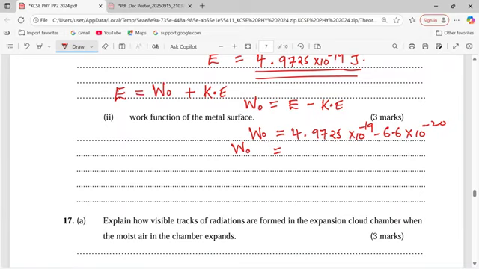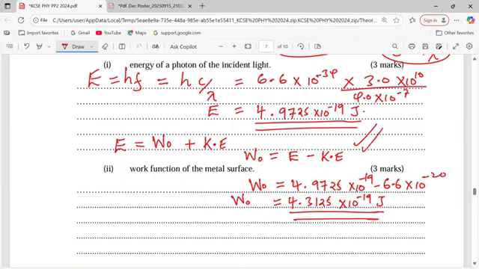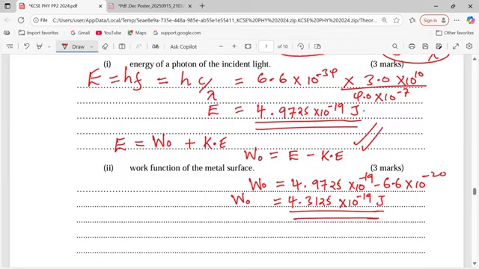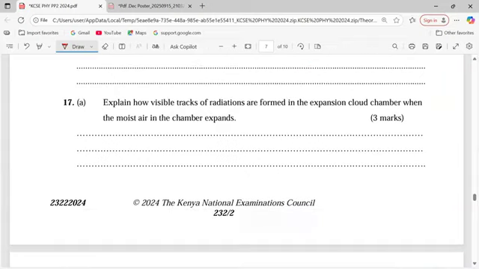So this is going to give us 4.3125 times 10 to the power of negative 19 joules. So this is the work function of the metal. You should be understanding Einstein's equation of photoemission. Very, very good one.